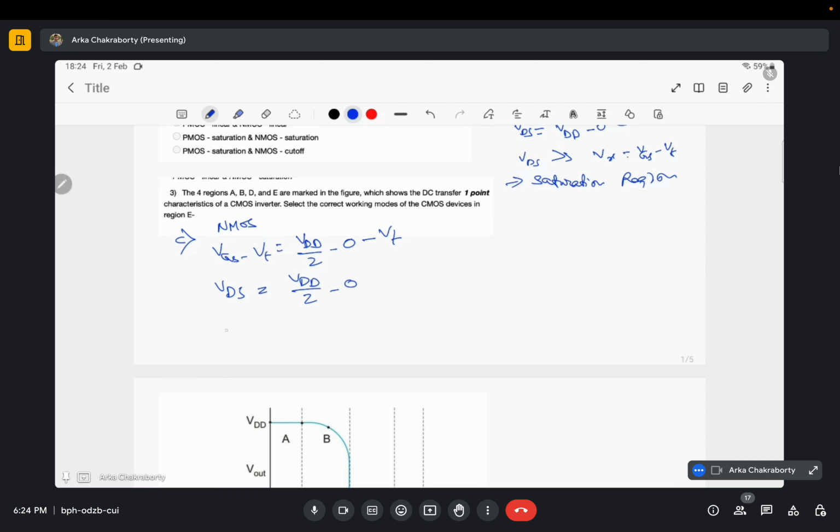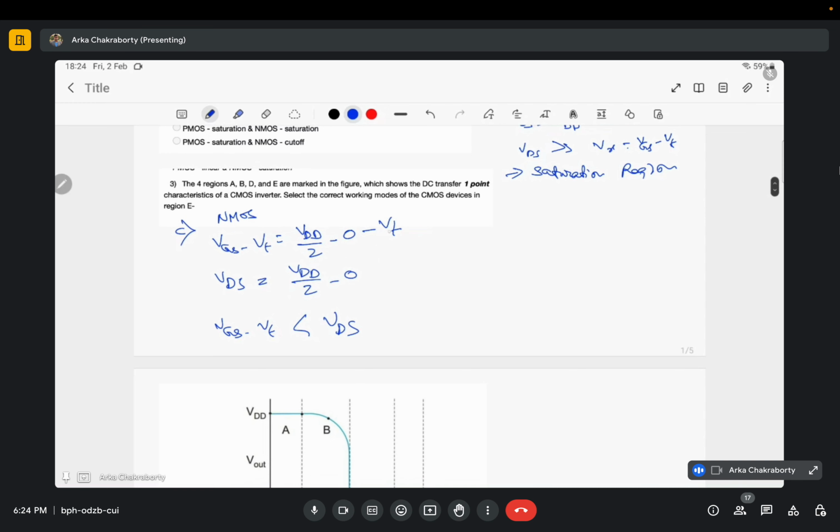So you can see VGS minus VT, which is VDD by 2 minus VT, is less than VDS, because VDS is only VDD by 2 and in VGS minus VT there is a minus VT term. Due to this term my VGS minus VT is less than VDS. So my NMOS is in saturation region. Now for PMOS, same thing.